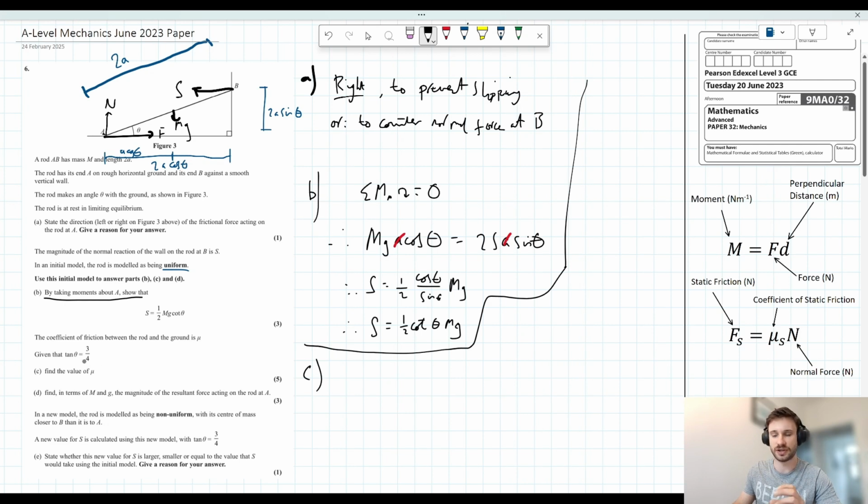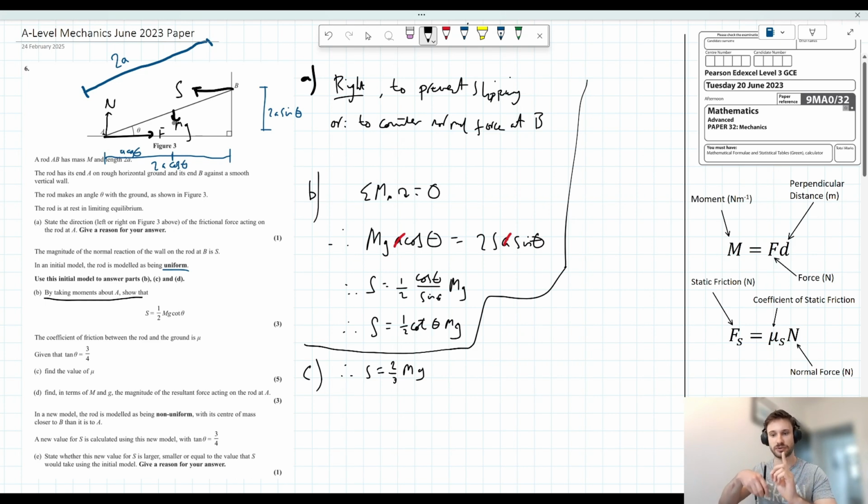I trust that you understand that means cot theta is equal to 4/3, since cot theta is just the reciprocal of tan theta. We can say, therefore, S is equal to a half times 4/3, that's 4/6, that's 2/3 of mg. Okay, we've stated that. What else can we state? Well, we can consider the vertical forces acting on our rod here. We've only got N and mg.